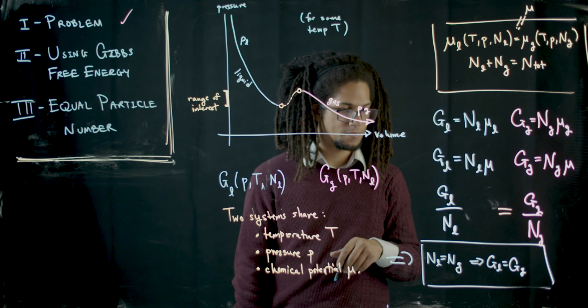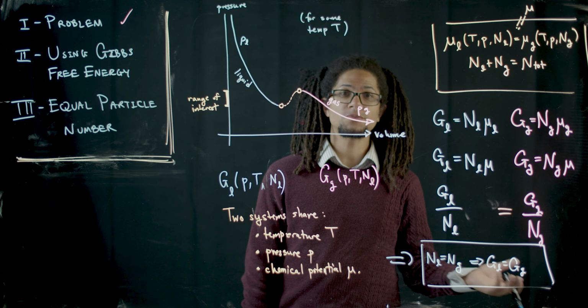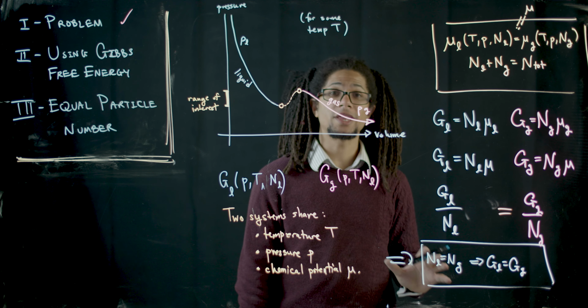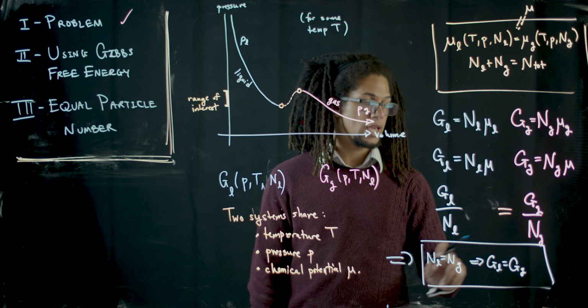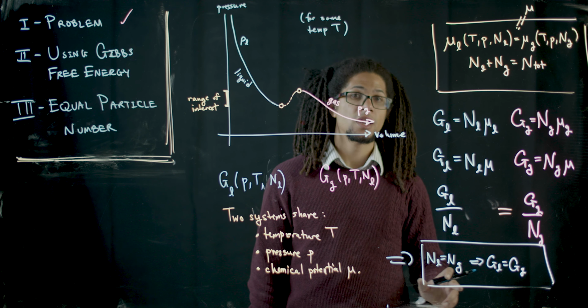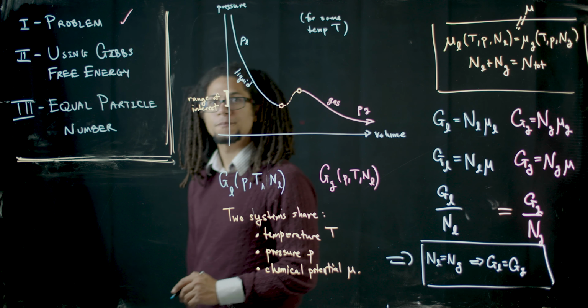Good. Now this seems innocuous. Maybe it seems helpful in some limited context that we can just equate the Gibbs free energies when we're switching from mostly liquid to mostly gas, but it's actually even better than that.